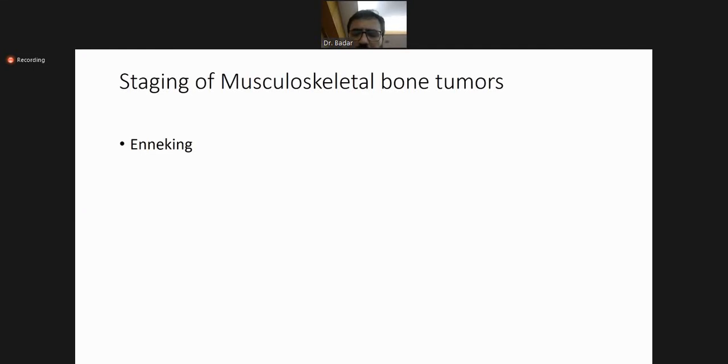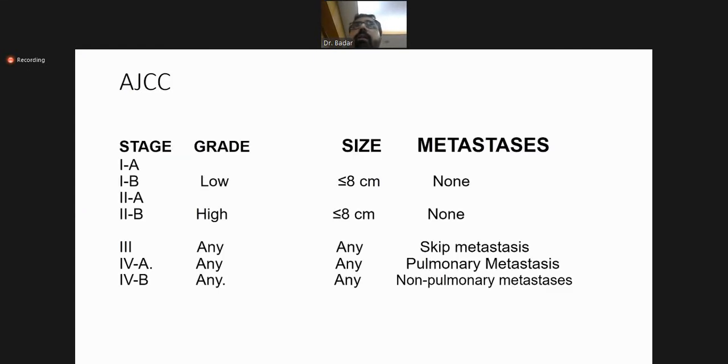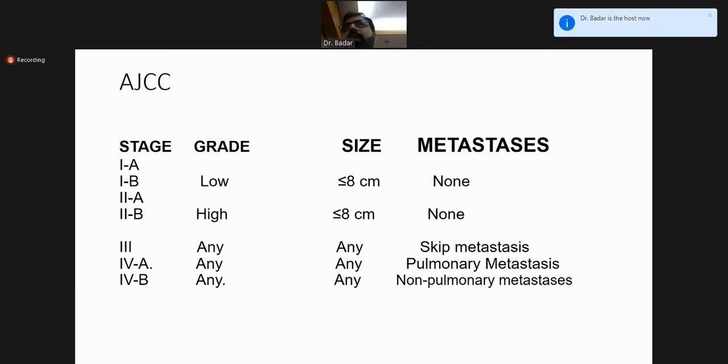I will show you how it looks, whether this is intra-compartmental or extra-compartmental. Another classification is MSTS. Type 1A and 1B, which we said are low grade, less than 8 centimeters, no metastasis, are stage 1.